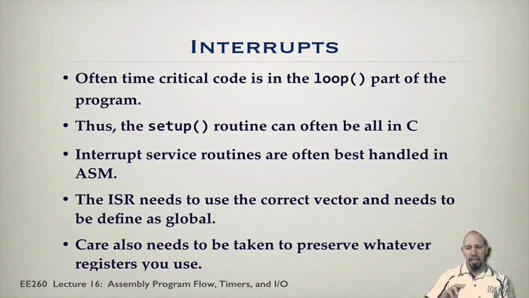In the middle is your program or subroutine. You need to take care to preserve whatever registers you use. Again, the interrupt service routine could be interrupting right in the middle of some other operation, and when it comes back from that operation, everything needs to be exactly the way it was when it left it.